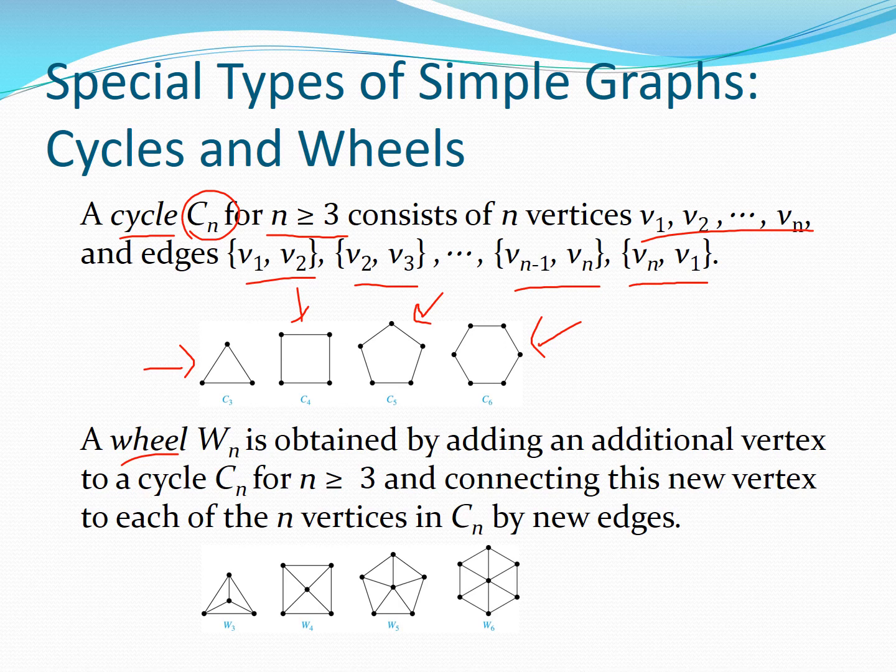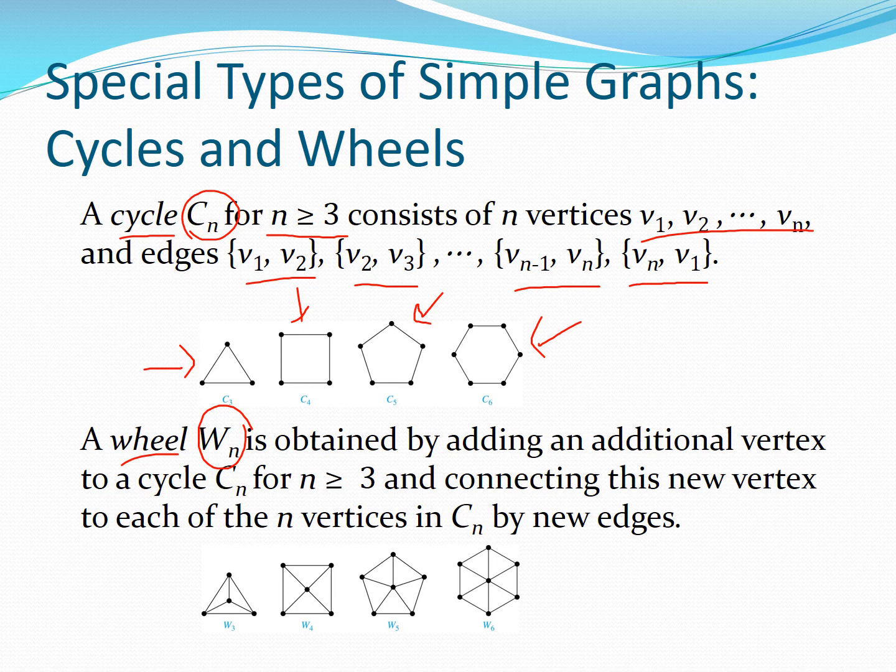Now, the next kind of graph is called a wheel, and it is represented using the letter W sub n. What is meant by a wheel?